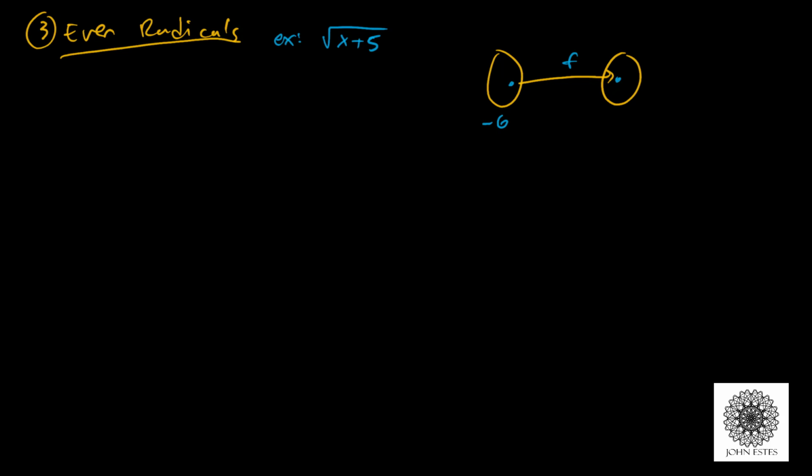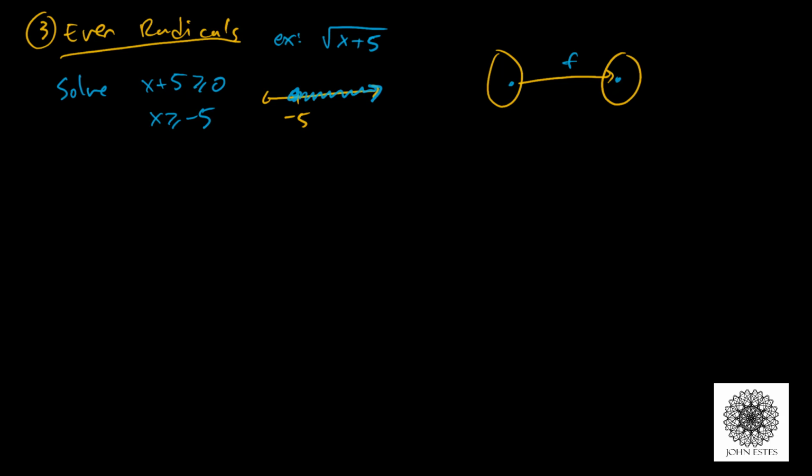So how do I find what needs to be in the domain for an even radical? I need to make sure that what's under the radical is greater than or equal to 0. In this case, that means that x has to be greater than or equal to negative 5. On the number line, negative 5 is included, and anything bigger than that will work.